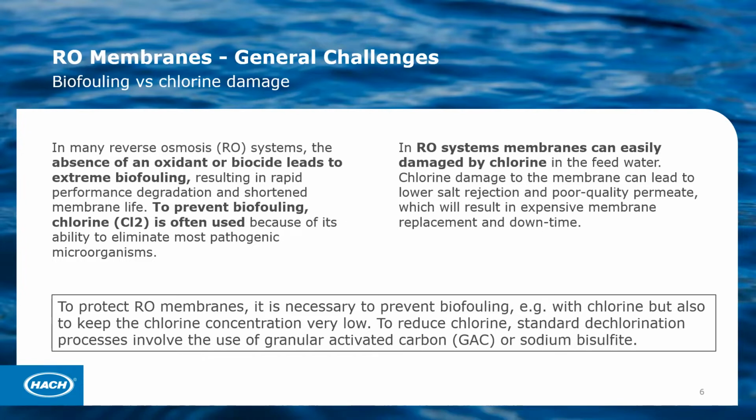Many reverse osmosis membranes are sensitive to chlorine at one level or another. Some are capable of being hit, if you will, by higher amounts of chlorine than others. Some really need to have as little as possible in terms of chlorine that's allowed to make contact with the membranes.